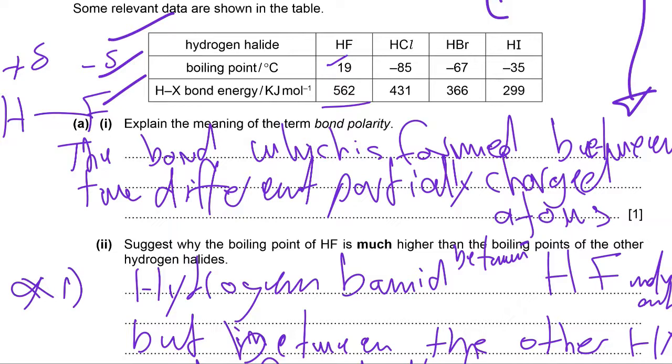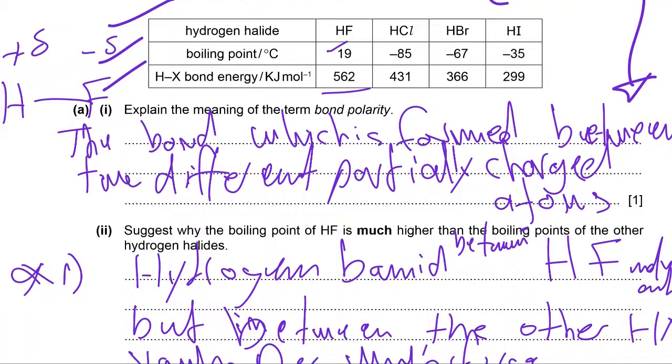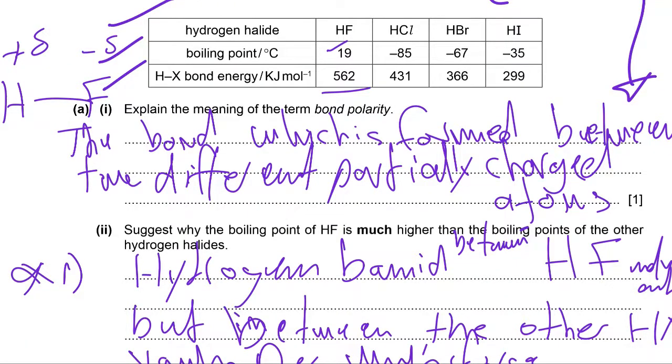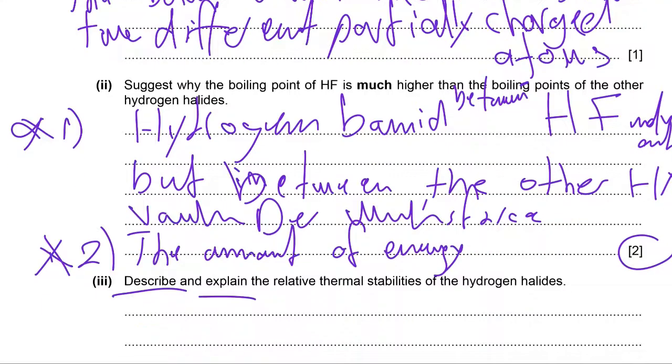We can see here in HF the bond energy is 562, while in HI it's 299. So we can describe it: the bond energy, or the thermal stability, decreases down the group.